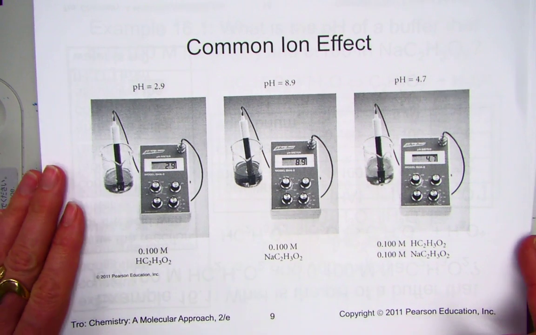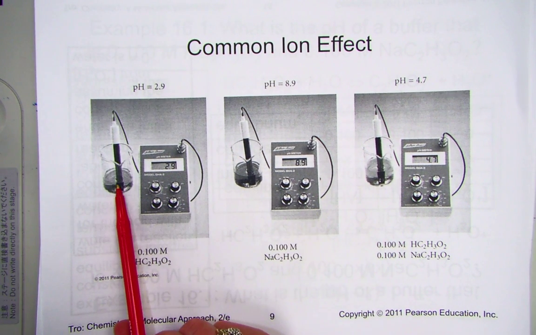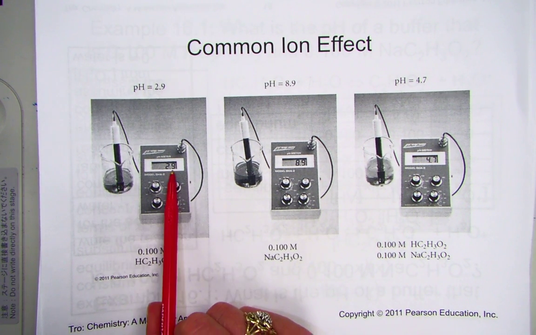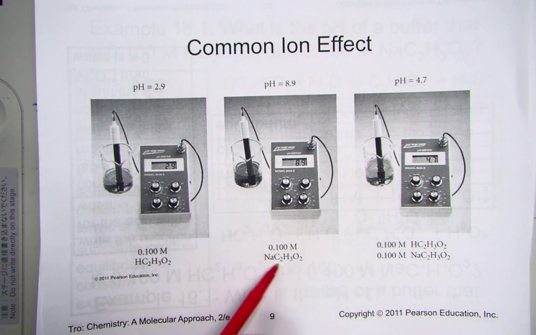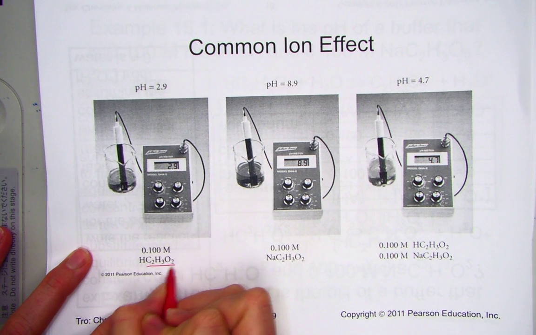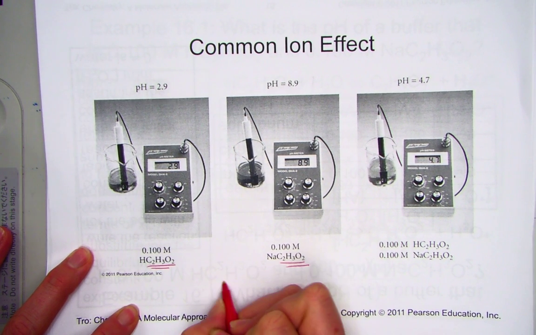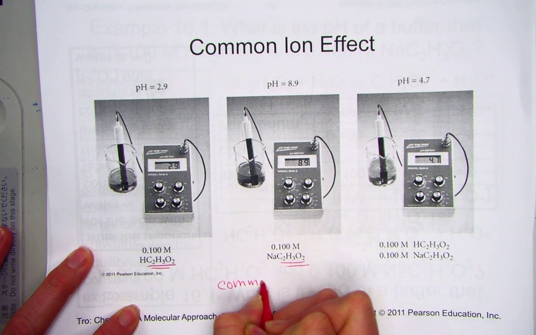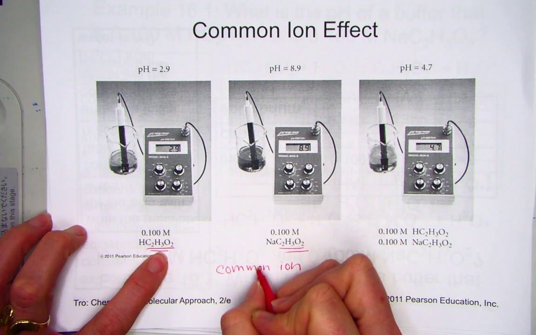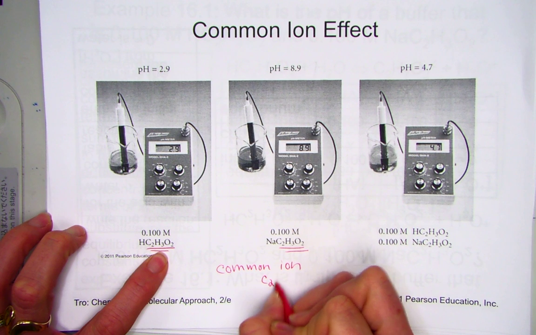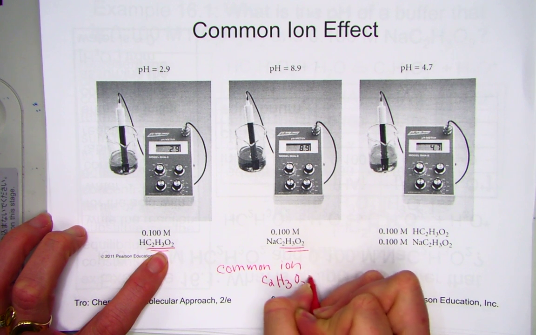Taking a look at this particular slide, it says suppose we have an acetic acid solution and we have a pH of 2.9. We add a salt, sodium acetate. Notice they have the same last name. The common ion between acetic acid and sodium acetate is the acetate ion.